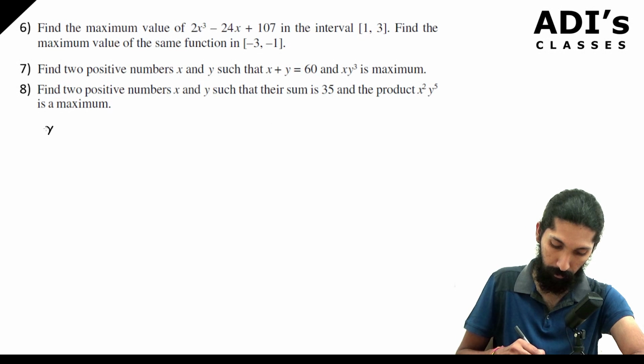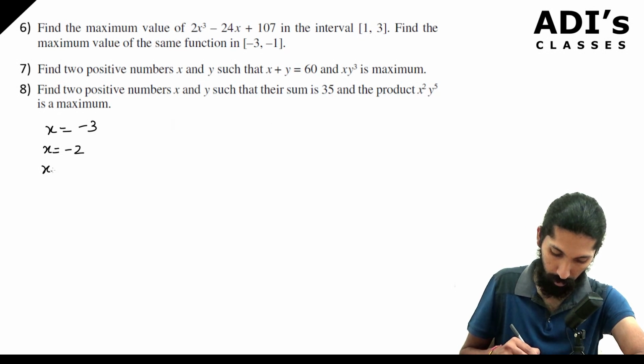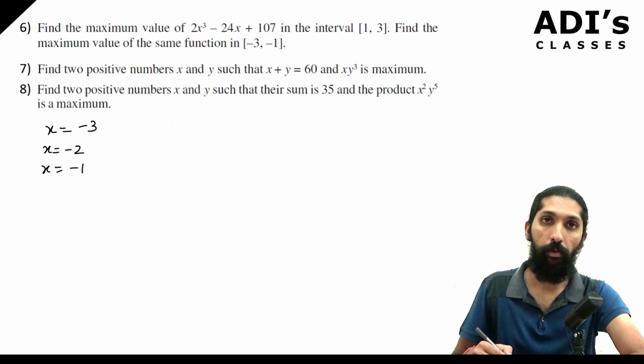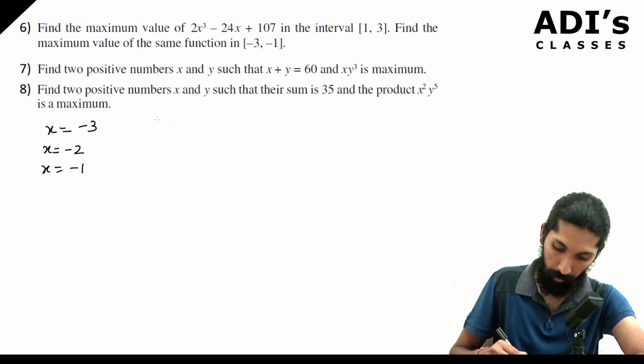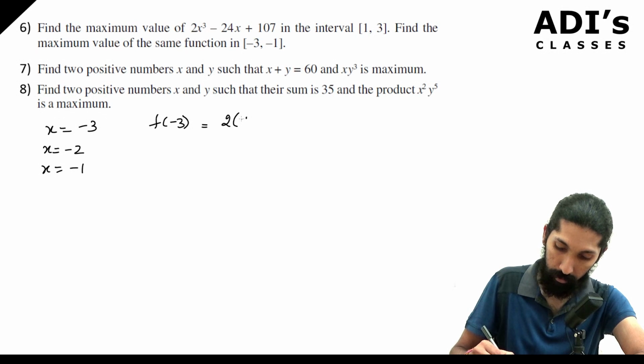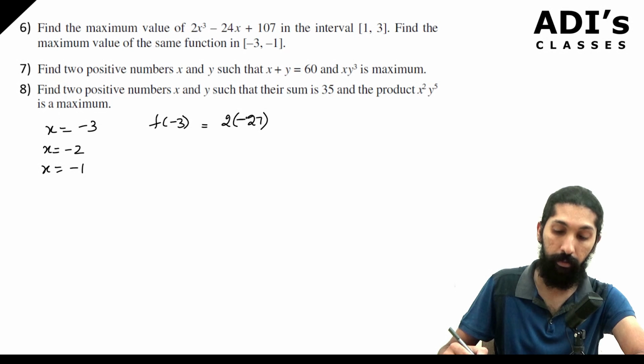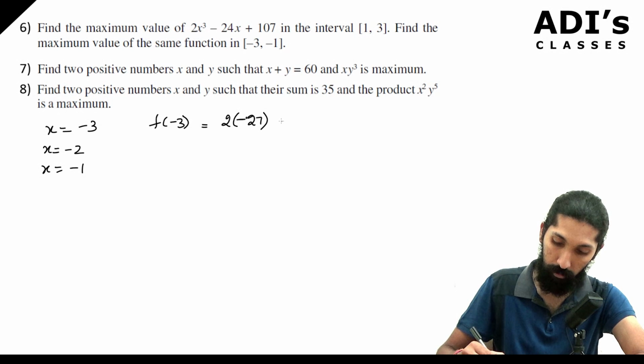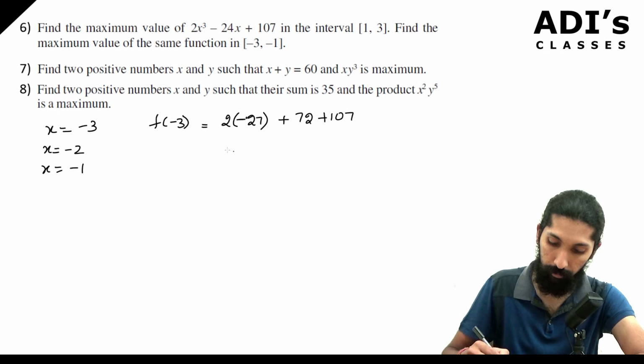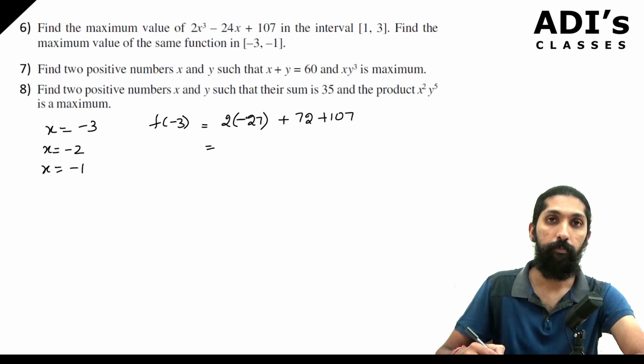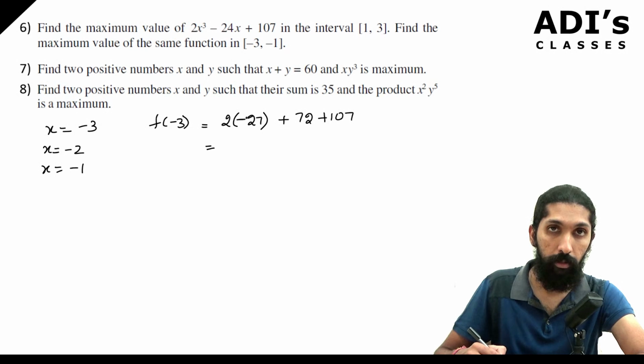The interval is first -3, -2, -1. Now you have f of -3 will be 2 into minus 27. Let me write it directly. Next, plus 72 plus 107. Correct? So the value of this is going to be 107.